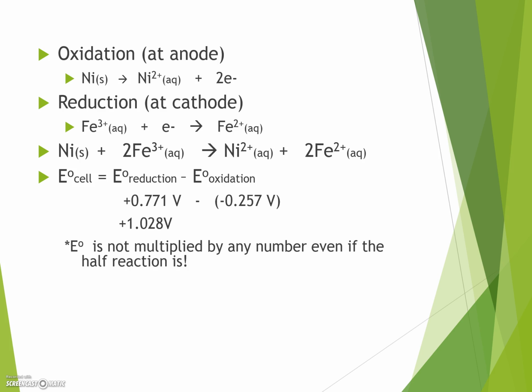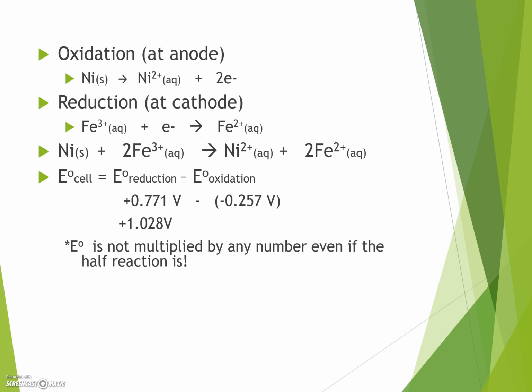So we'll plug in positive 0.771 for the standard reduction potential for our iron 3, and we'll plug in negative 0.257 for the standard reduction potential for our nickel. And when we subtract our oxidation from our reduction value, we're going to get a positive 1.028.